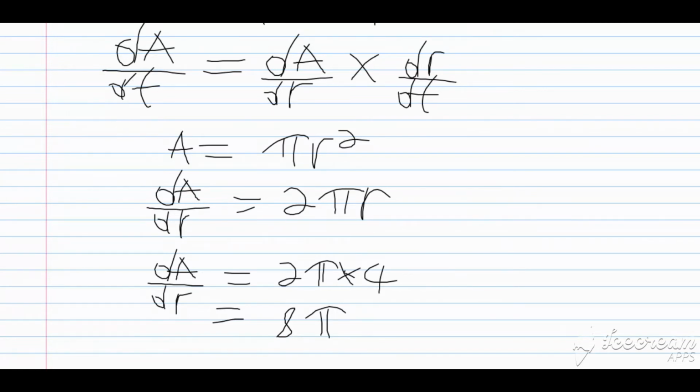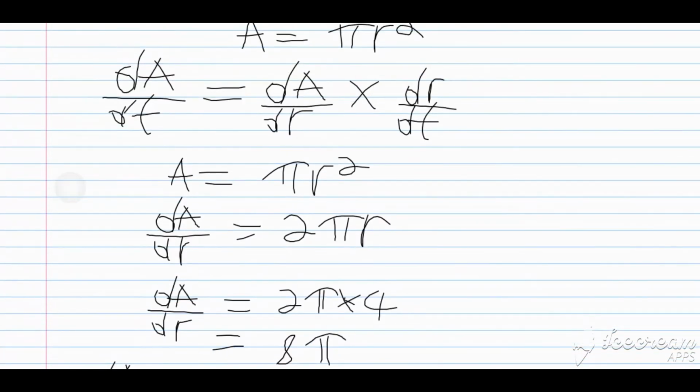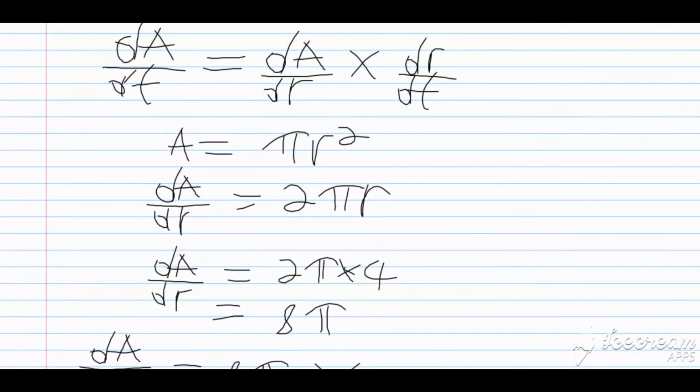Now, let us go back and put everything inside of the equation that we have here. So we're going to have dA over dt equal dA over dr, which we found to be 8 pi. So this is 8 pi multiplied by the rate of increase of the radius, which is dr over dt.